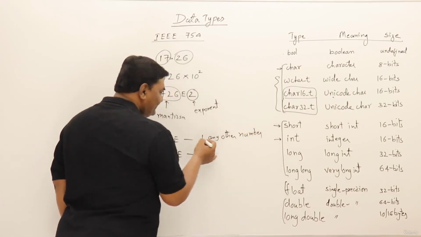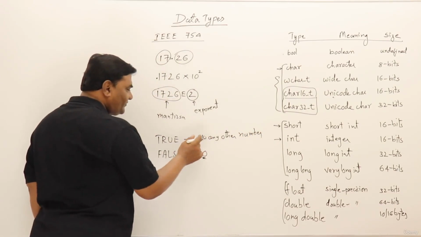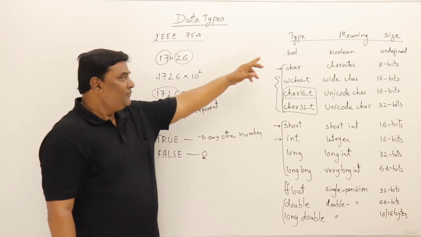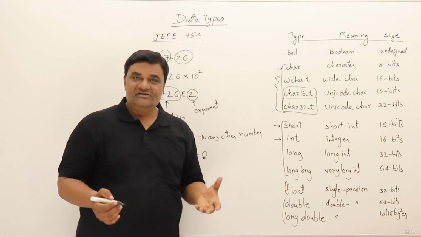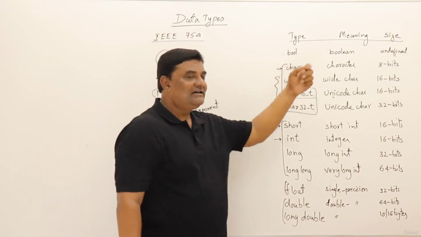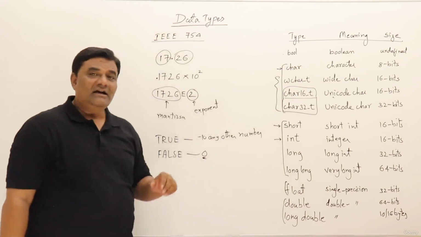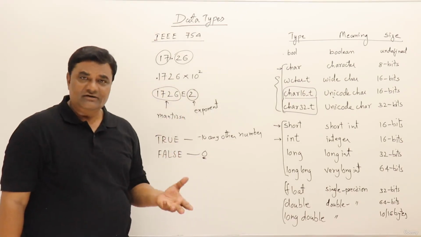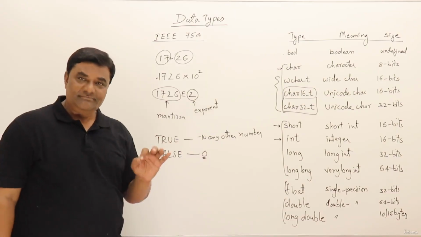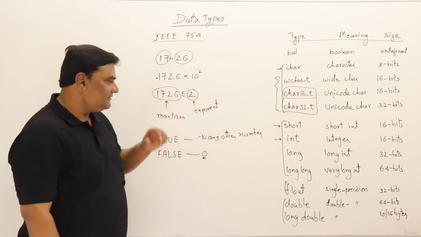So minus 1 is also true, 10 is also true, minus 10 is also true, except 0. This bool data type is actually like an integer type, so it may take either 1 byte or 2 bytes, so that's why it is undefined. It depends on the compiler. Only integer values it will store, but we cannot store negative values there. We have to store only 0 or 1.